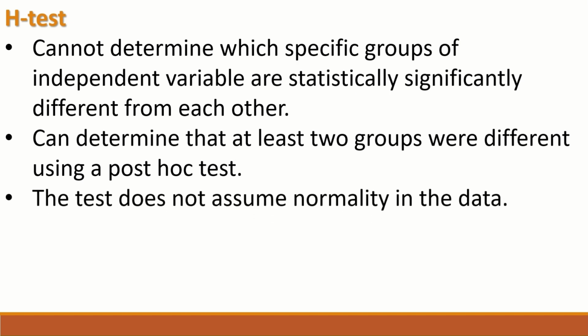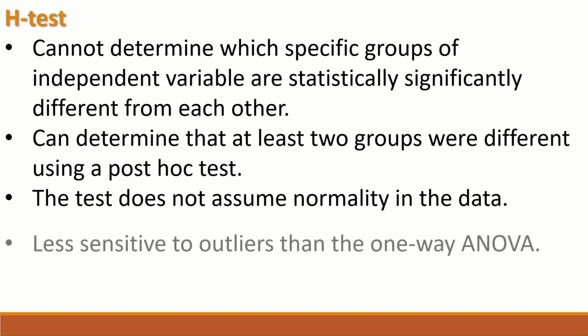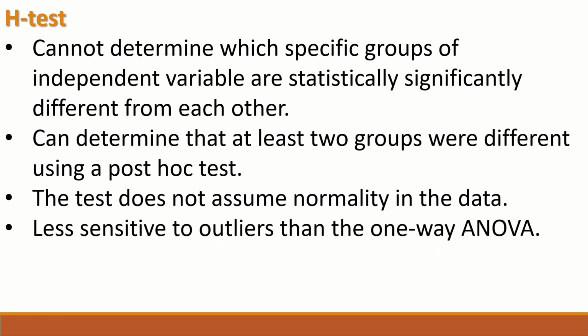The H test does not assume normality in the data, so it is suitable for data that are non-parametric. The Kruskal-Wallis test is less sensitive to outliers than the one-way ANOVA.